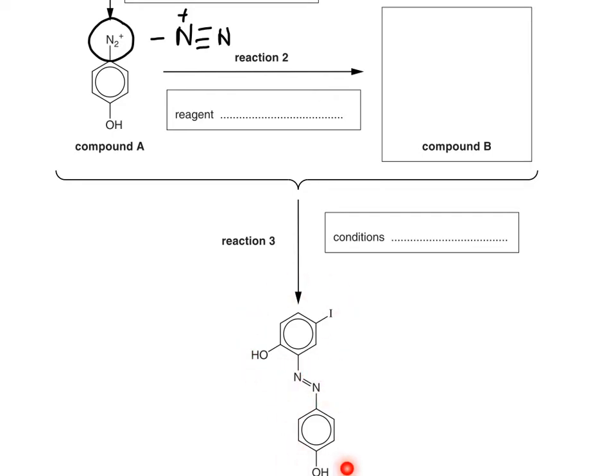We've already got this bottom part. We're trying to make this. So this bit is compound B. And the bottom part is compound A. To make compound B, we're going to be adding on that iodine. In order to do that, you need copper iodide.